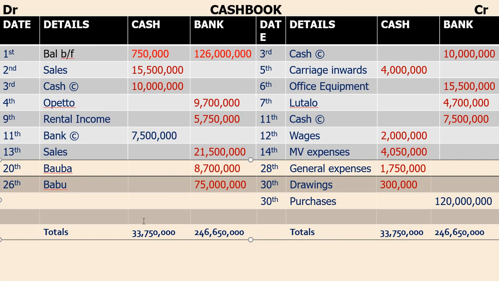But here we have it as 33,750,000. So we are going to have the balance carried forward of 21,650,000.